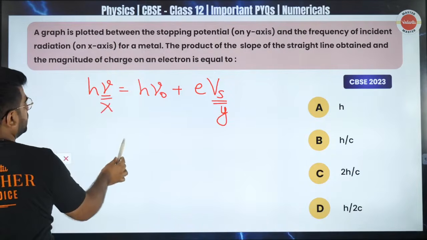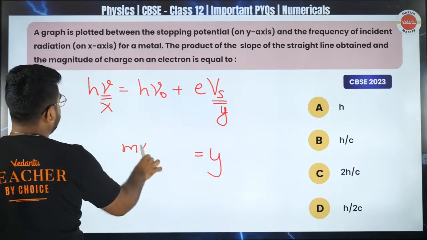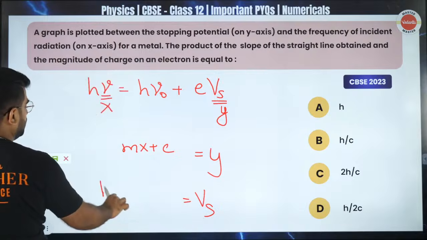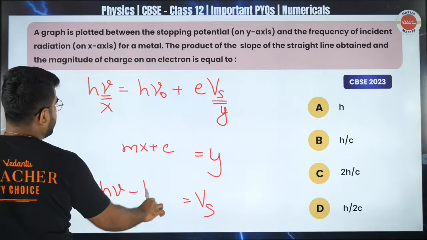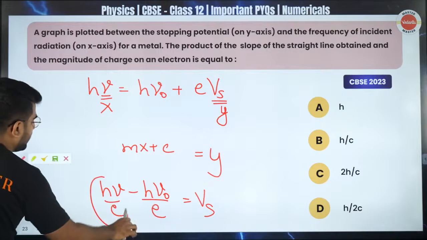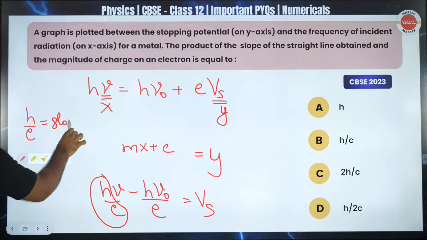I have to write y equals mx plus c. So if I write it that way, stopping potential is equal to h nu minus h nu naught by E. So this is your slope. Your slope is h by E.